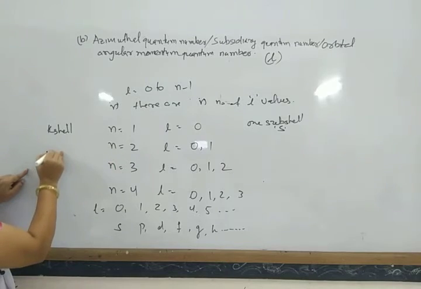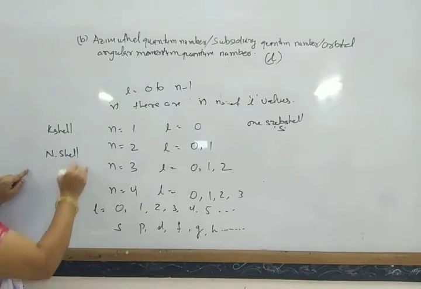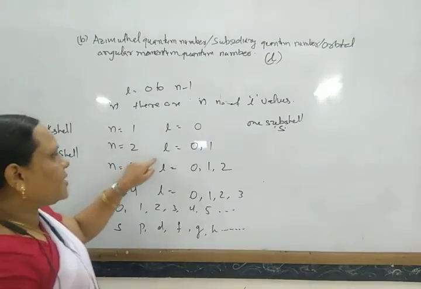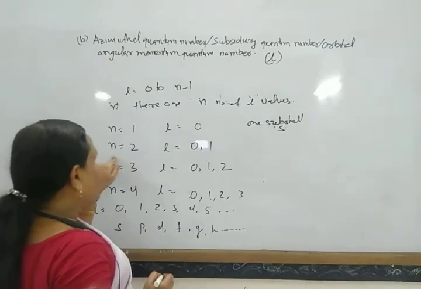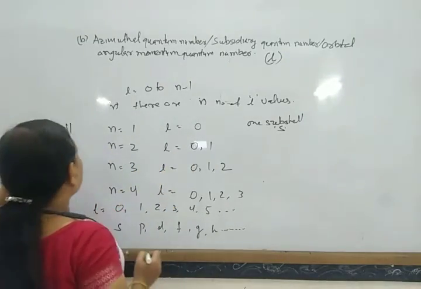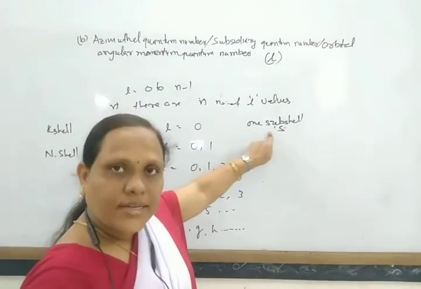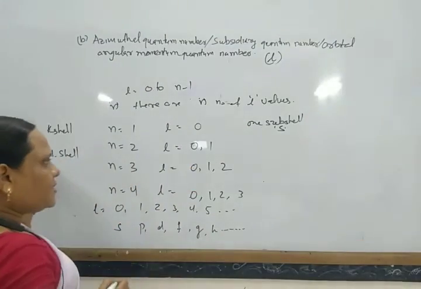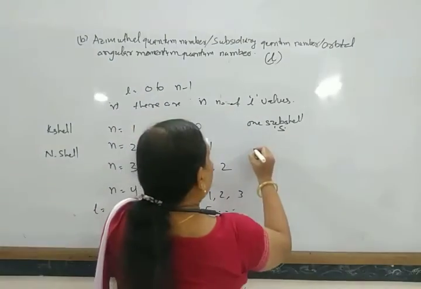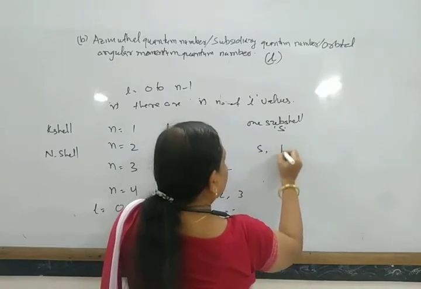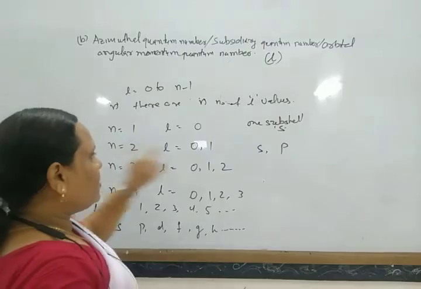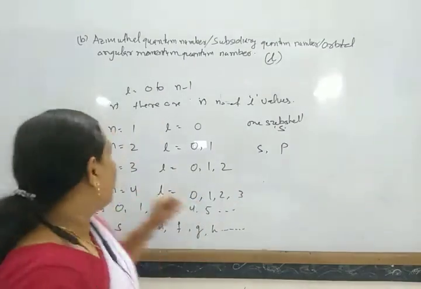The cell is the L cell. For the L cell, n equal to 2, L has 2 subcells. So the K cell consists of one subcell, and now this L cell consists of 2 subcells, that is S and P subcell. For 0, S, for 1, P.